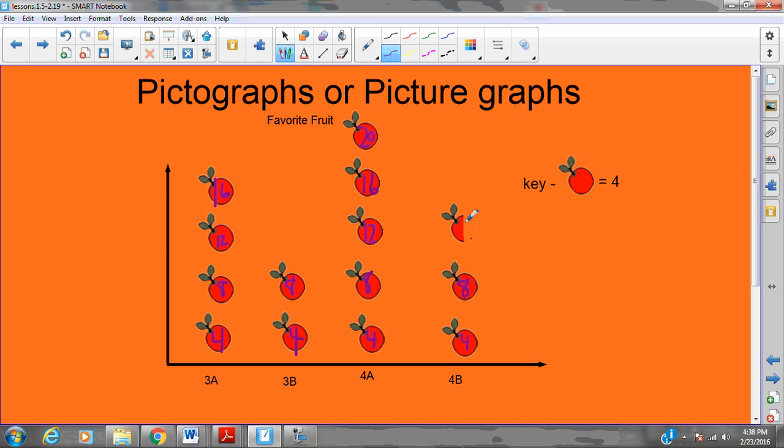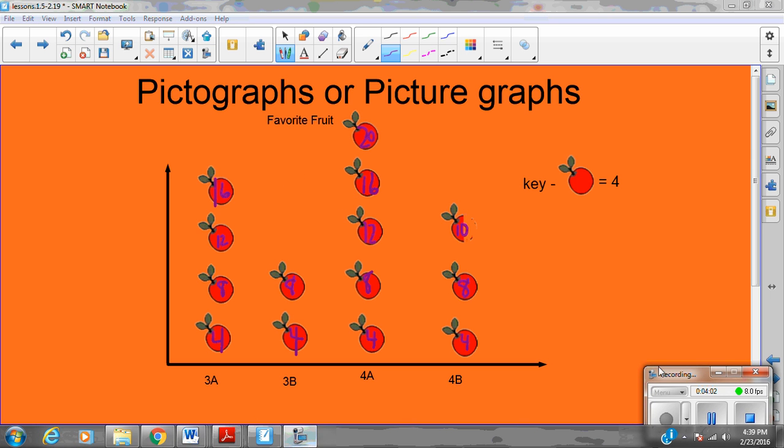Because they can see it's half an apple, we can count that as 9 and 10, 2 more instead of 4 more. And so that is what you would do in creating a picture or a pictograph to help yourself, using that key and even using a half a picture to help you. And that is picture or pictographs.